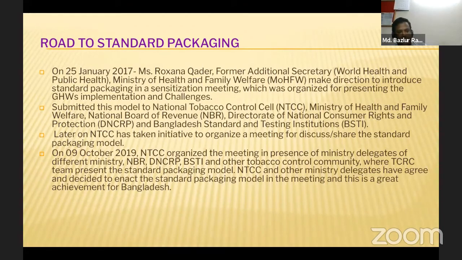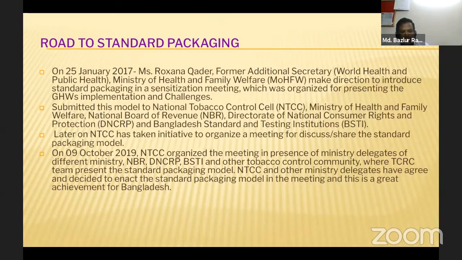And on 9th October 2019, the Ministry of Health, I mean the National Tobacco Control Cell, organized a meeting in the presence of different ministry delegates, the National Board of Revenue, the Director of National Consumer Rights and Protection, and the other tobacco control community, all the tobacco control community currently working in Bangladesh, where we presented the standard packaging model.